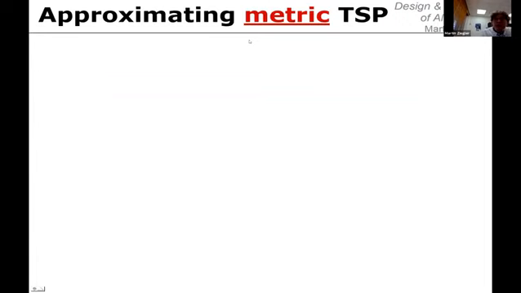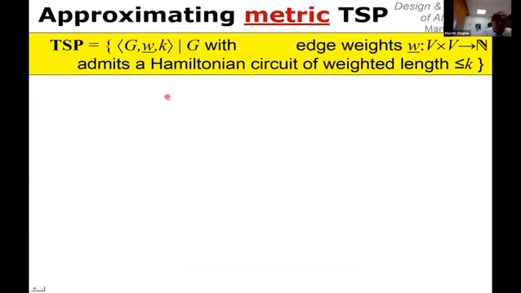That is the traveling salesperson problem with the additional hypothesis that the edge weights satisfy the triangle inequality, which seems like a natural hypothesis for practical applications, but from a purely mathematical perspective, it is conceivable that there are graphs with edge weights which do not satisfy the triangle inequality.